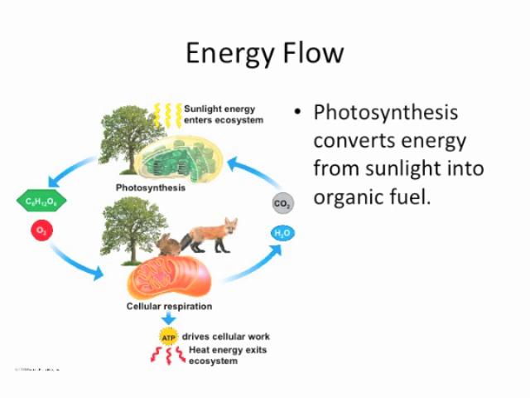I showed this graphic at the beginning of the cell respiration chapter. Cell respiration is on the bottom side of this graphic. It's taking glucose and oxygen and converting it into carbon dioxide and water, and in the process releasing energy as ATP. Photosynthesis is the top half of this graphic. Photosynthesis converts energy from sunlight into organic fuel.